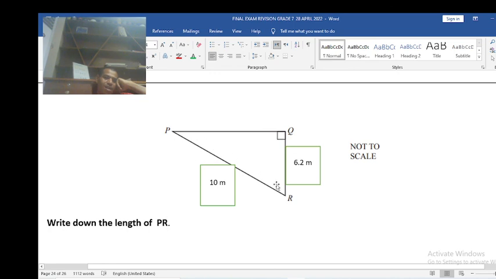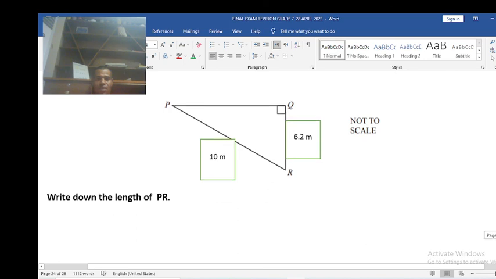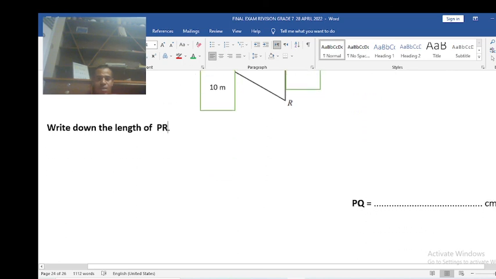The longest side of a right angle triangle is called the hypotenuse, which is equal to 10 meters. The question is to write down the length of PR. So PR is 10 meters.